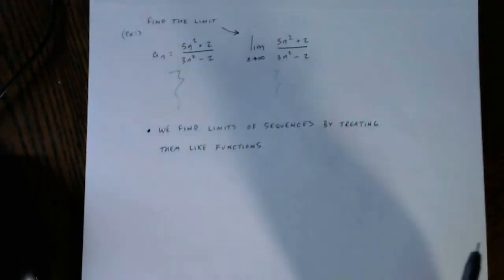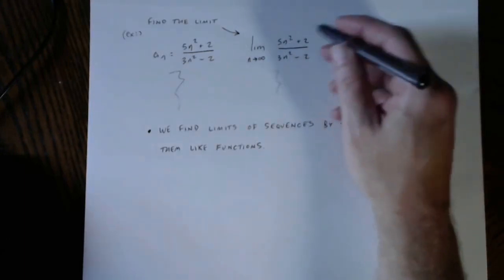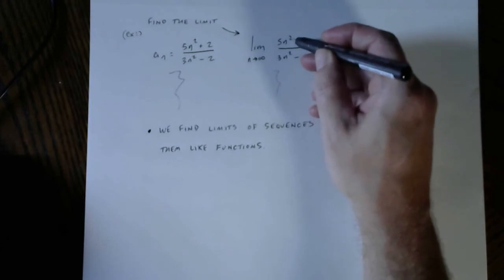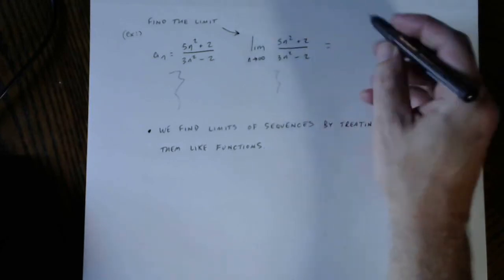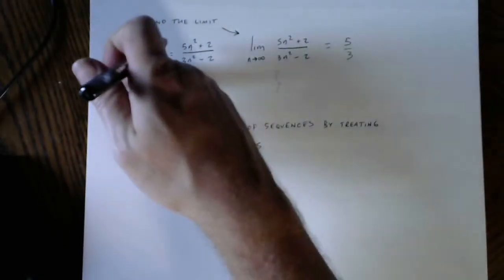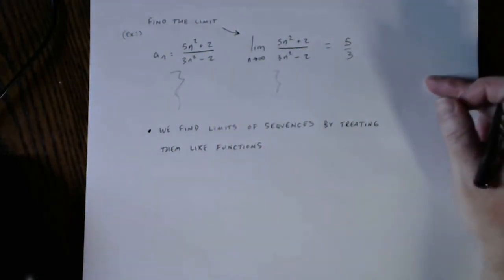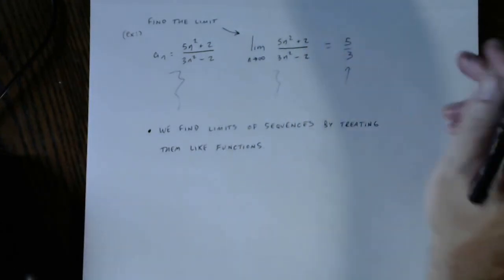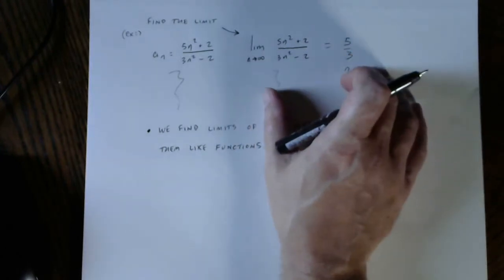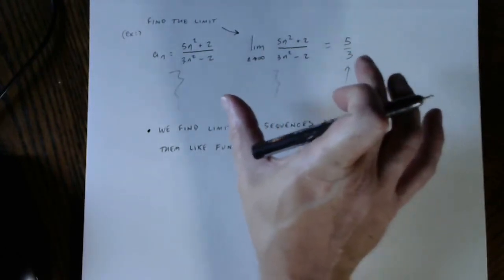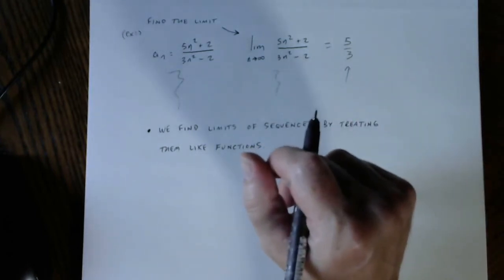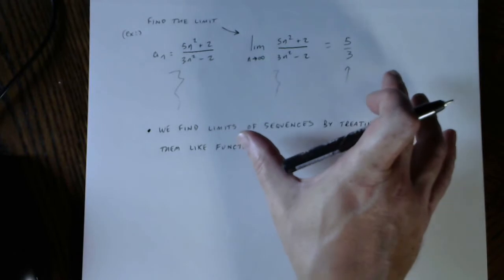And again, I'm going to treat that just like it's a function. So this is a rational function, or it's not, but if it were, I can compare powers. They're the same, so the limit would be the leading coefficients, 5/3. So if I were to list out a million terms of this sequence, they would be getting arbitrarily close to 5/3. That's really good news, because essentially you already know how to do these problems. You just take the limit as if for a function. Just keep in mind it's not the same.